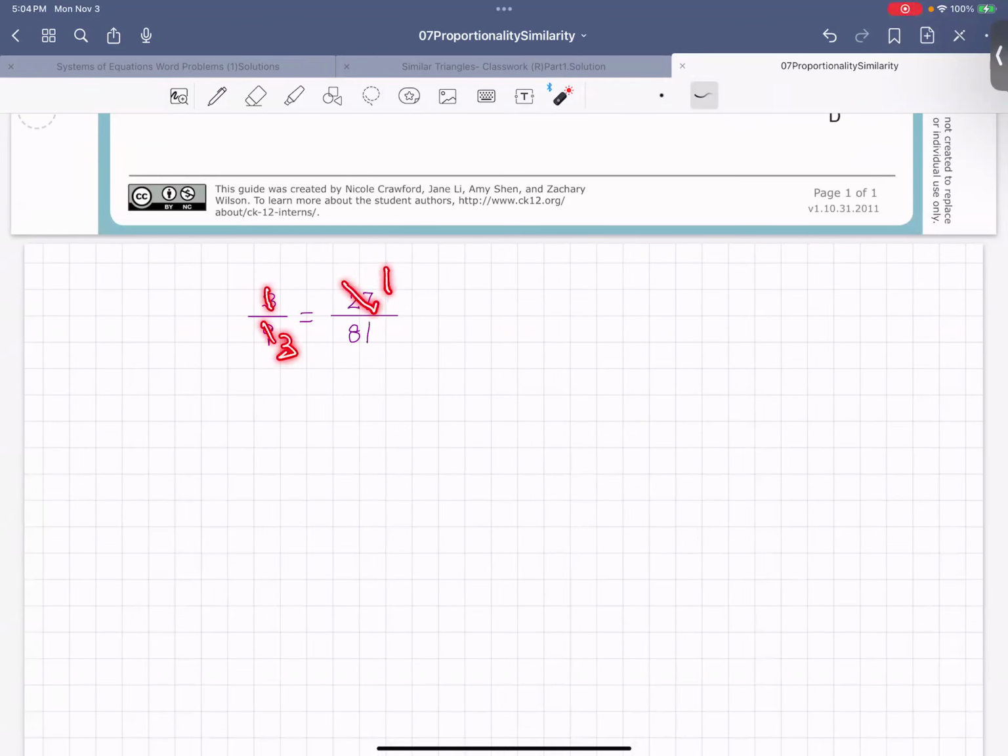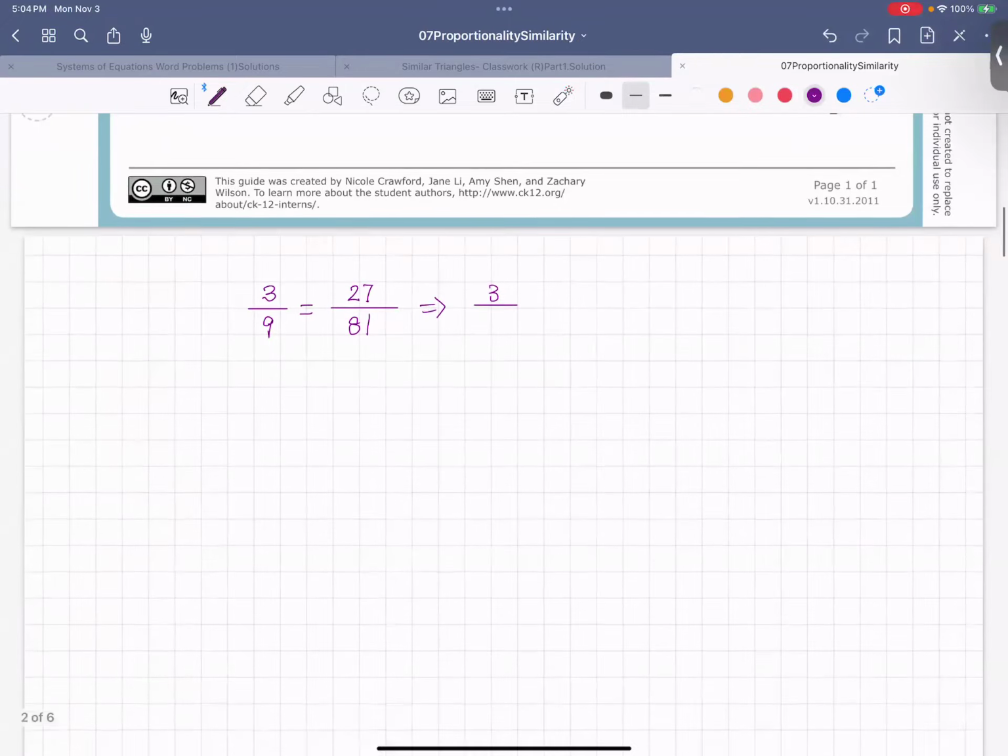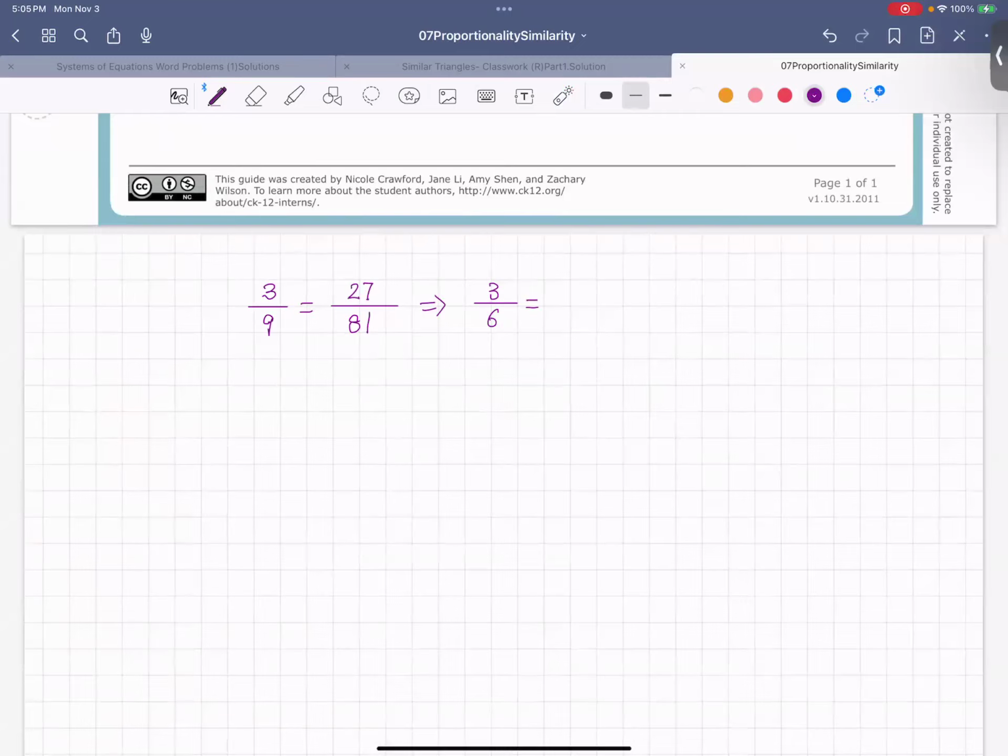This divided by 1 is 3. This is true. If this is true, you can also say 3 divided by 9 minus 3, which is 6, also equals 27 over 81 minus 27, which is 54.